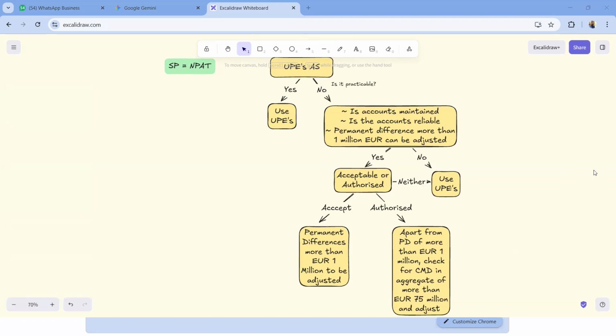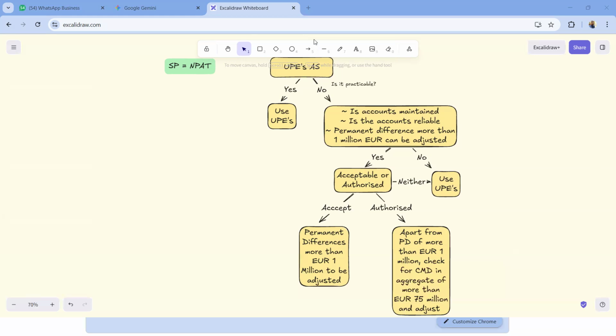Is this flowchart okay as to how to find which accounting standard to use? Because this is the only thing which had a lot of information there. Yes. Can we move on?